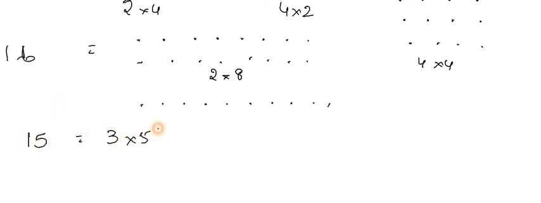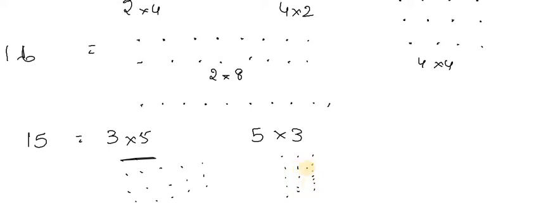Like 3 rows and 5 columns, or 5 rows and 3 columns. So in this way you can show your rectangular dots. That's what he asked in the question. I hope you all understand today's class.